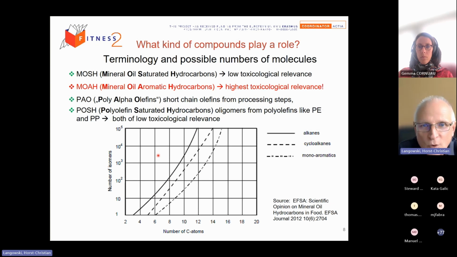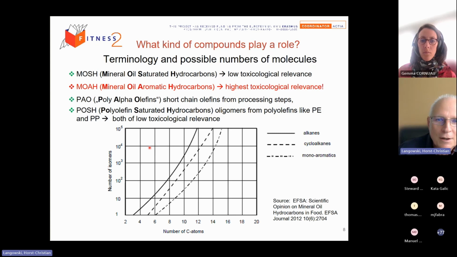Okay, then the next point is, what are we talking about when we talk about those mineral oil residues? We are talking about so-called MOSHs, the mineral oil saturated hydrocarbons. Today, people are more or less all saying that they have a relatively low toxicological relevance.